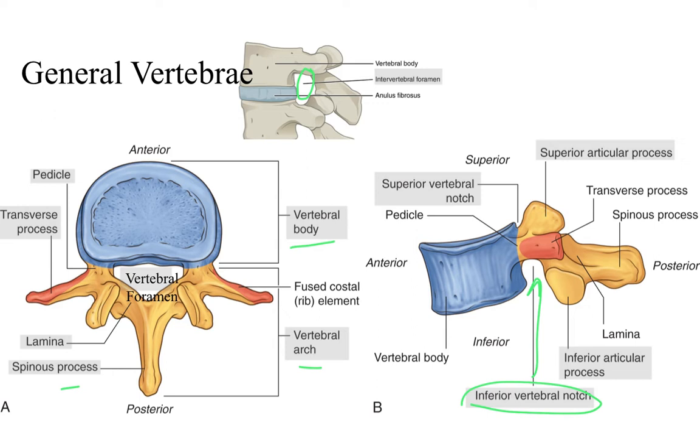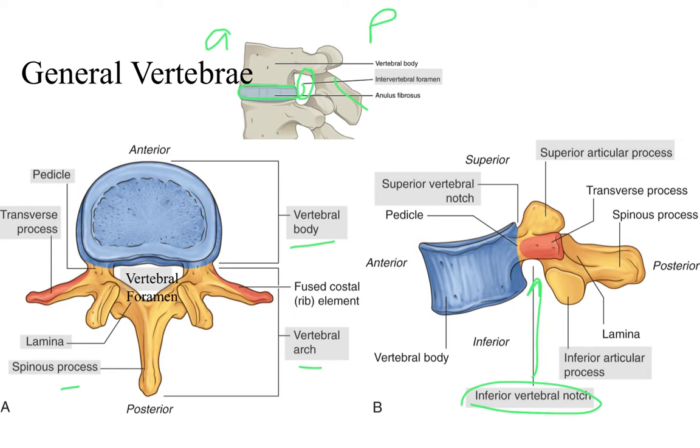And each vertebrae is stacked on each other not directly bone to bone, but the bodies are stacked on intervertebral discs. All right, and the body of the vertebrae always faces anteriorly, and the spine of the vertebrae always faces posteriorly. So keep that in mind.